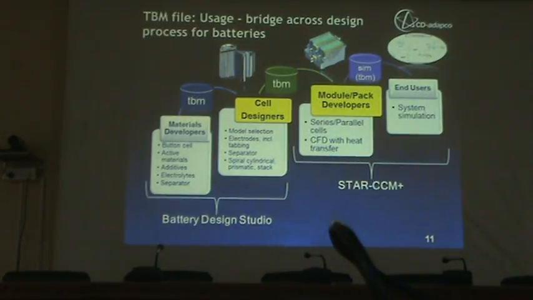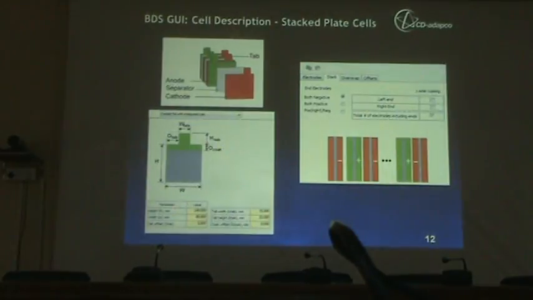I take the TBM file, I arrange the battery module pack. I will get the configuration, let's say, from my client. I arrange them in series or parallel, and later I run a heat transfer analysis or a CFD analysis to see what the distribution of temperatures is.